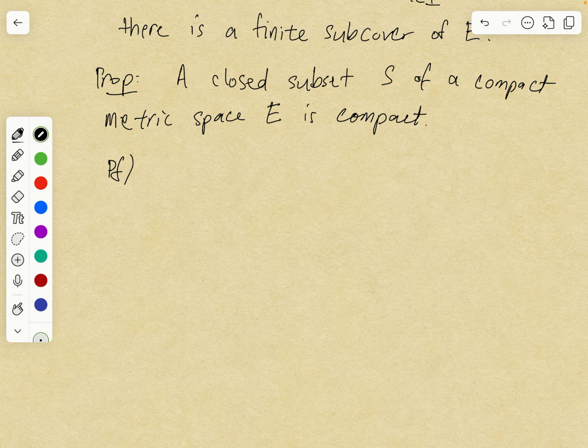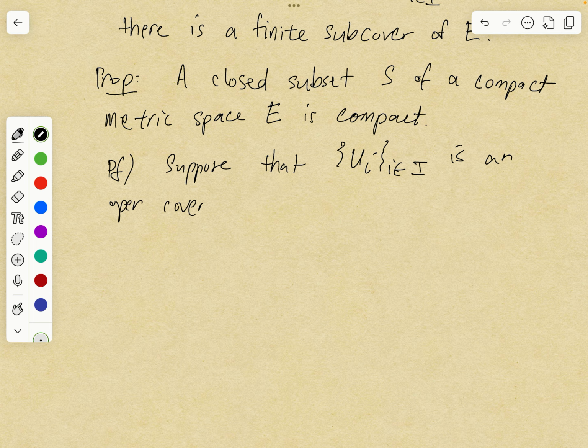So suppose that UI for I in I is an open cover of S. Well, what that means is that S is a subset of the union of the UIs, and the UIs are open, right?